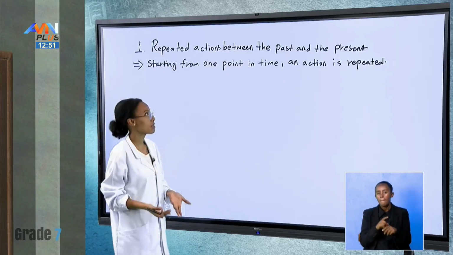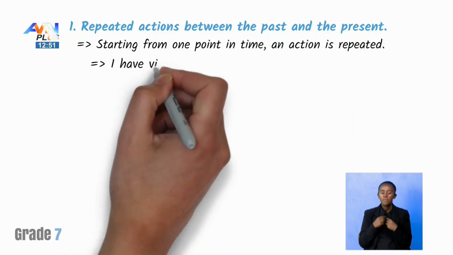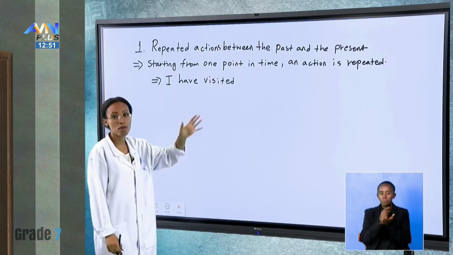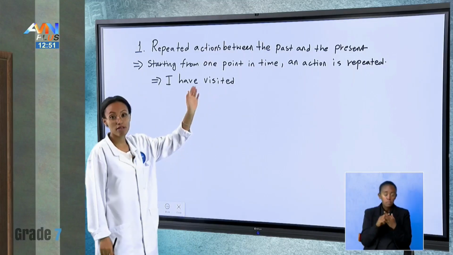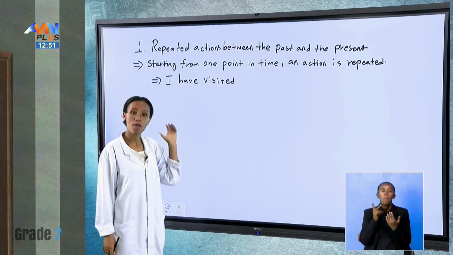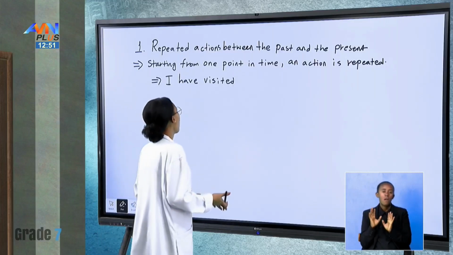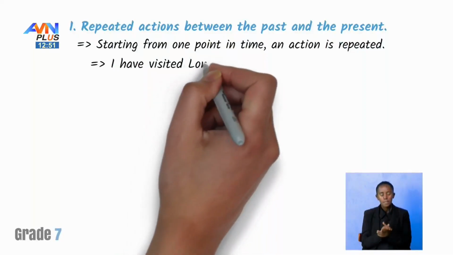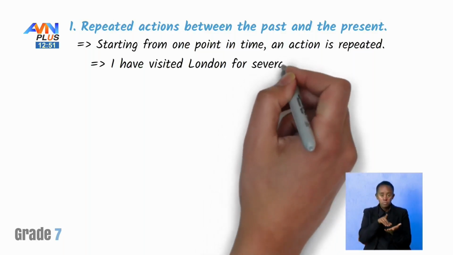For example, I have visited. Don't forget, we have our auxiliary verb and then our main verb, which is the past participle form. I have visited. Since this is a regular verb, it is very similar to the simple past form. Visited and then visited. It is the same. Since it is regular, it doesn't change form after its simple past form. Okay, I have visited, let's say, London for several times.